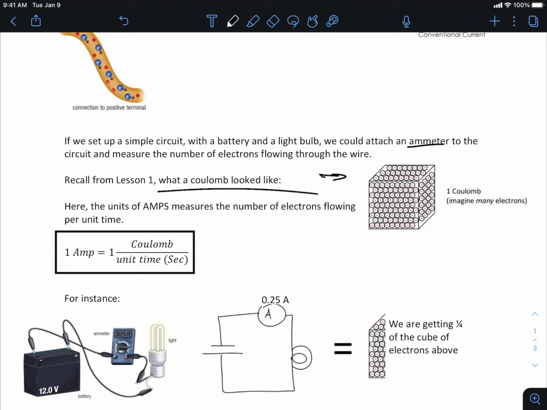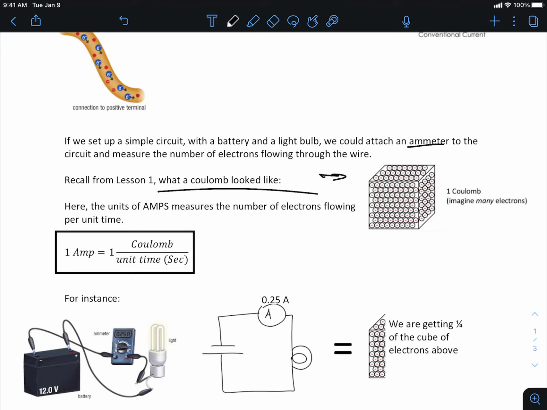Okay, so if I set up a simple circuit, with electrons flowing through that circuit and the light bulb lighting up, and I put my ammeter across the circuit, I would see in this particular question a 0.25 reading, which means 0.25 amps.